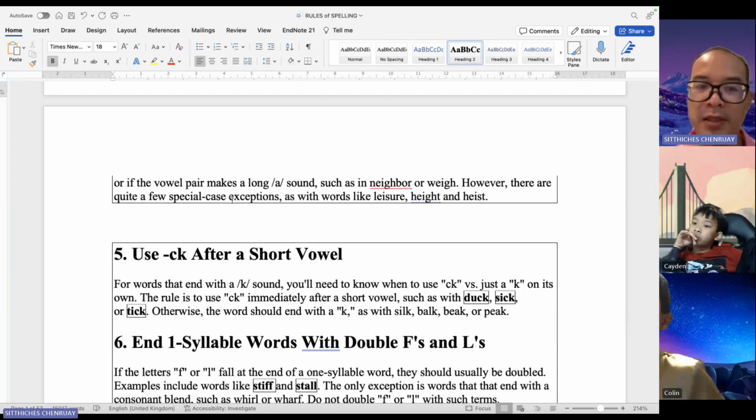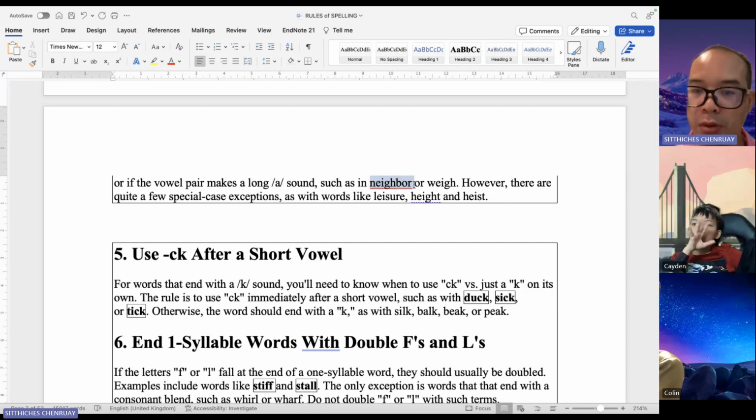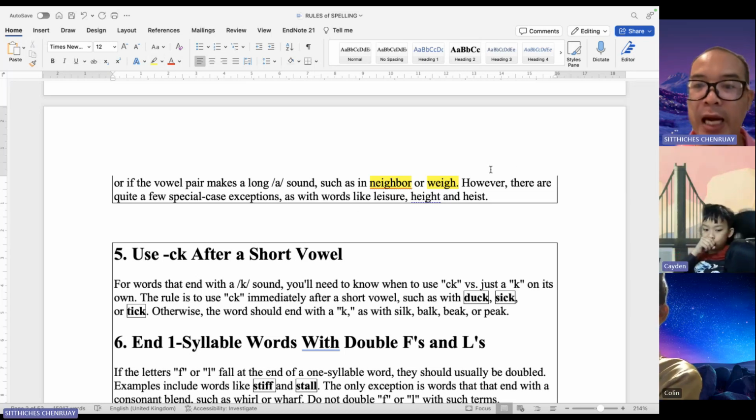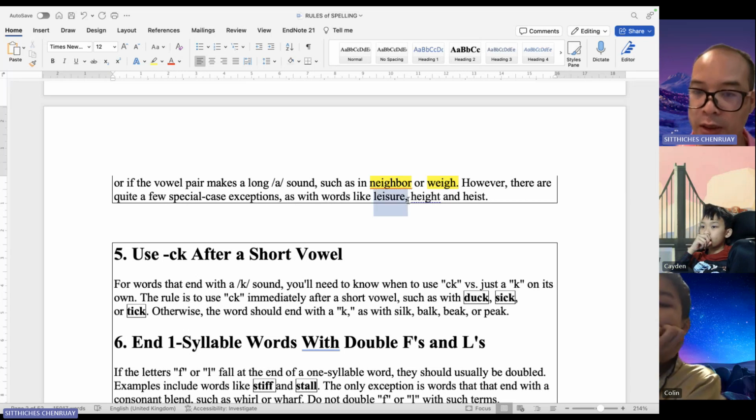And if the vowel pair makes a long A sound, such as in neighbor, it is EI. And then weigh is EI as well. However, there are quite a few special case exceptions, as with words like leisure, height, and haste. Okay, this one.